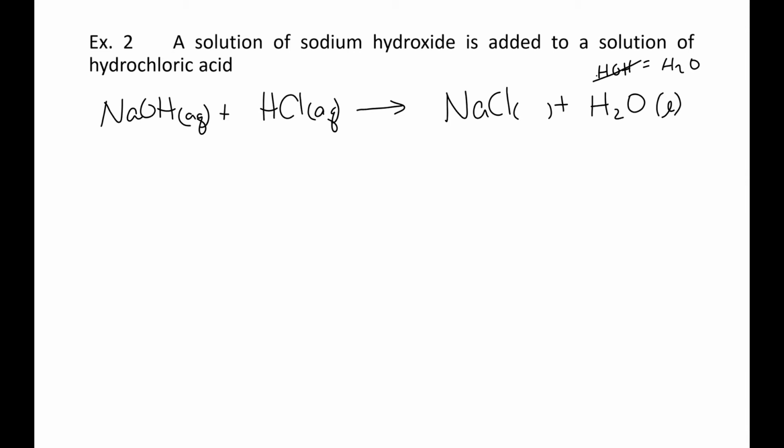But whenever you get HOH or water, it's automatically liquid, so you don't even have to look it up. As far as the NaCl, if you look under the solubility table, you find that's aqueous. So now let's balance it. Oh, guess what? It's balanced. I made it easy for you. So your water will always be a liquid, always.